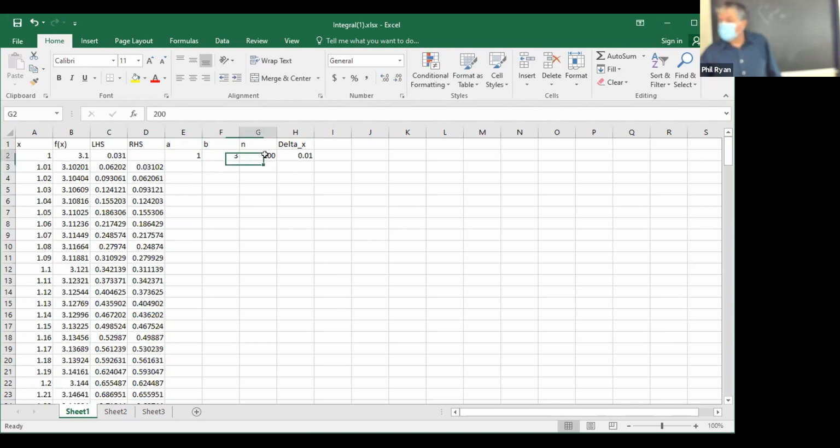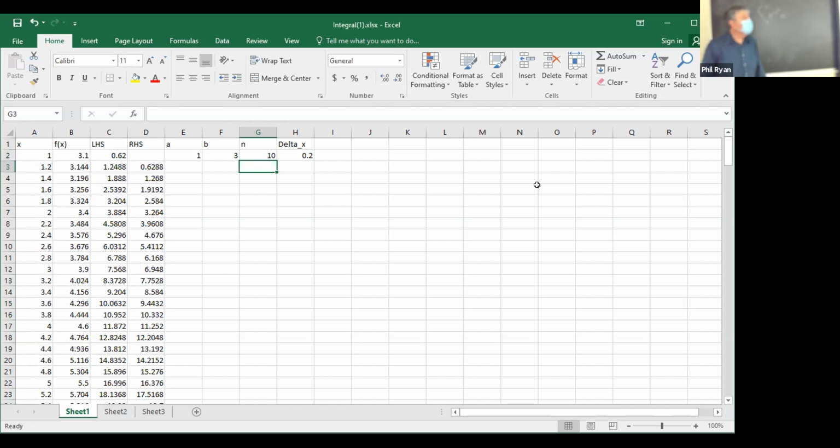And let's see, we start off with, I don't know, 10 for n. Okay, so our interval is 2. We're going to do 10 rectangles. So that means the width of our rectangles is 0.2.